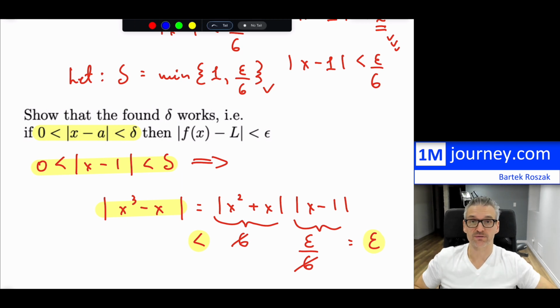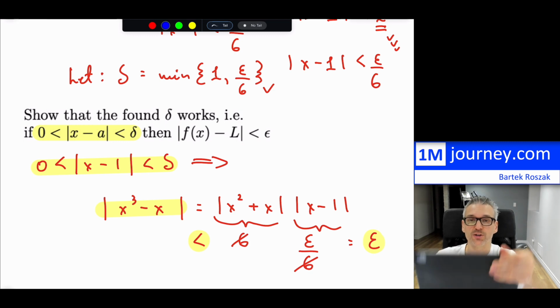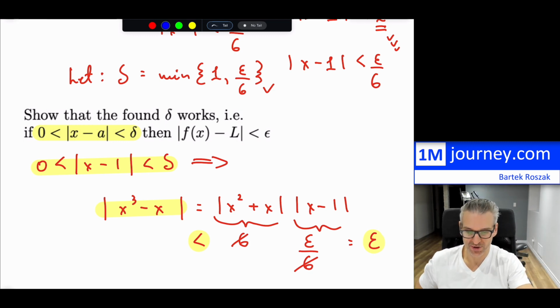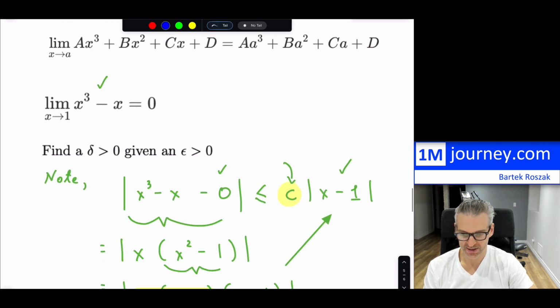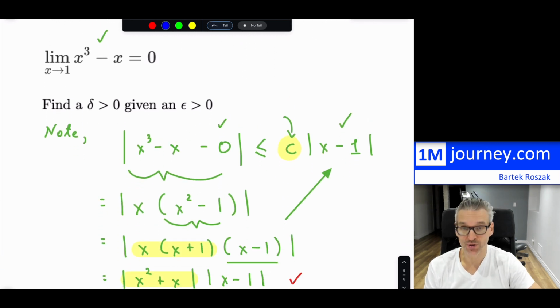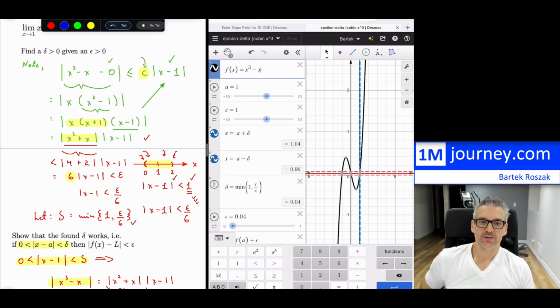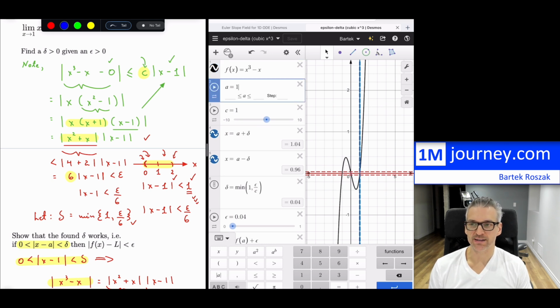So that's your delta. Now let's take a look at this function itself and see how this limit works visually. On the actual Desmos that you see there, notice I put in the function here. My a is equal to 1 because x is approaching 1.